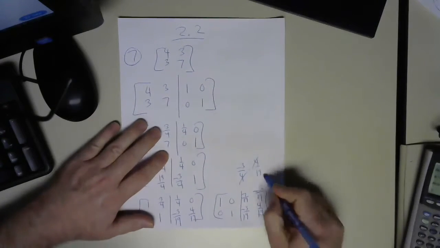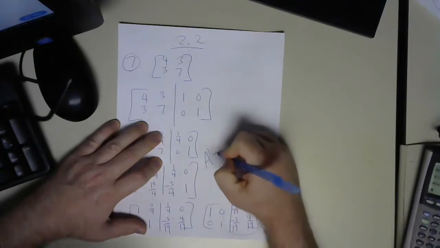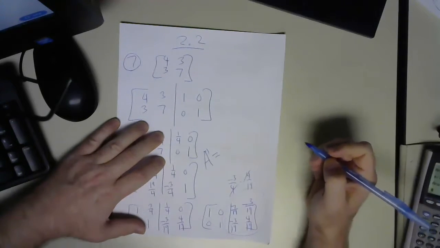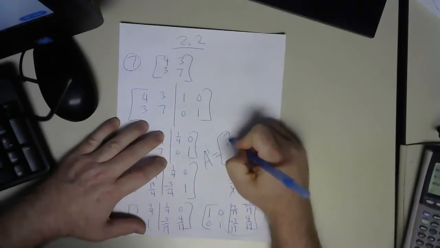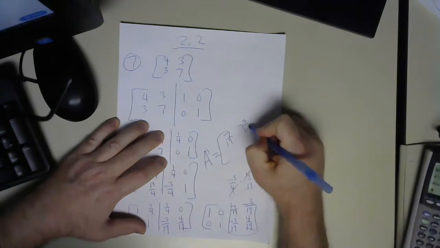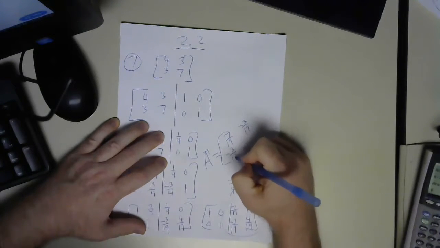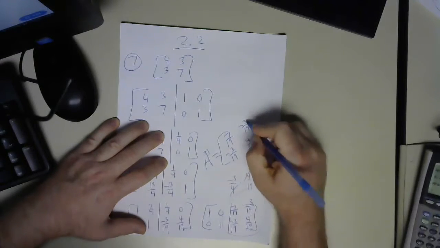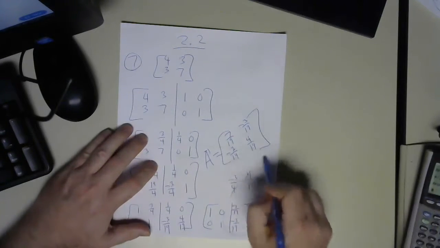So it looks like our inverse is this. That would be A inverse is equal to that 2 by 2 matrix.